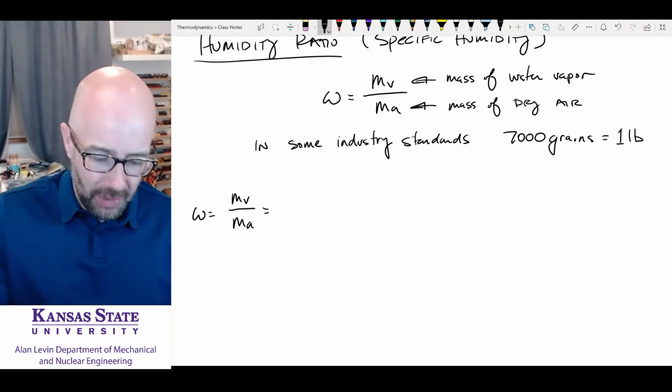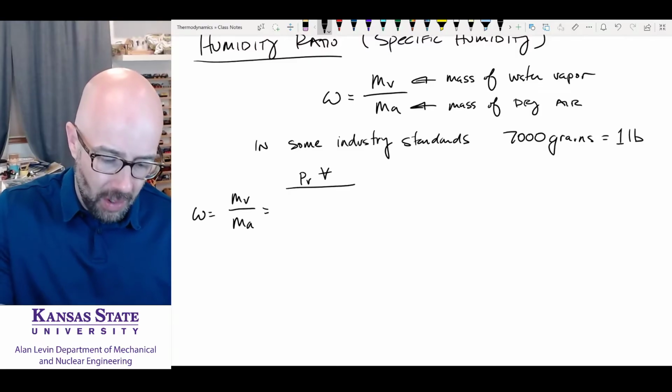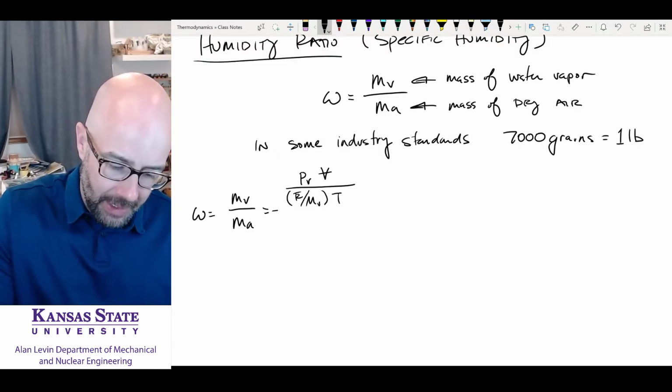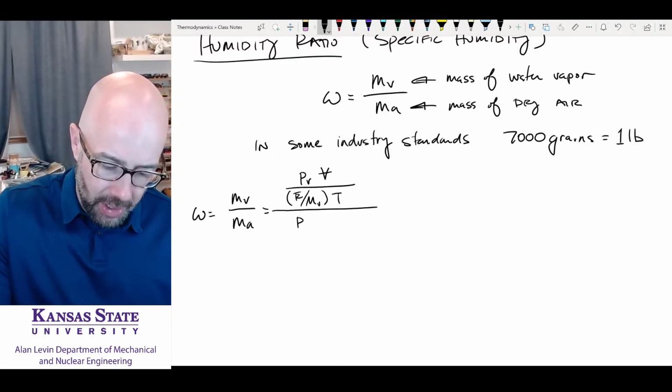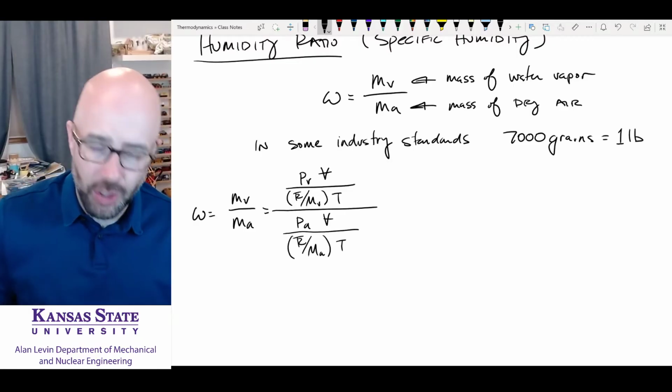So let's say that's equal to the partial pressure of the water vapor times the volume of that water vapor all over R bar over the molecular weight of the vapor times T, all over the partial pressure of the air times the volume of the air all over R bar over the molecular weight of the air times the temperature T.